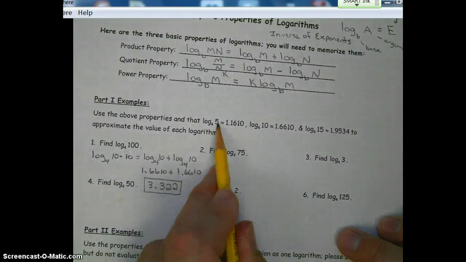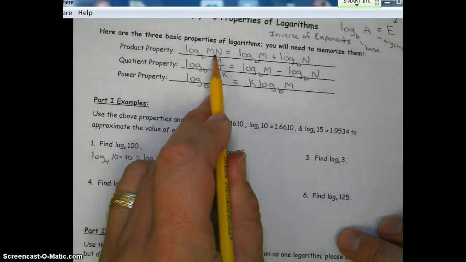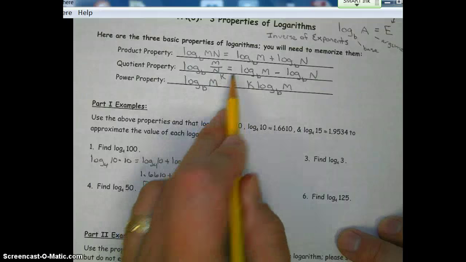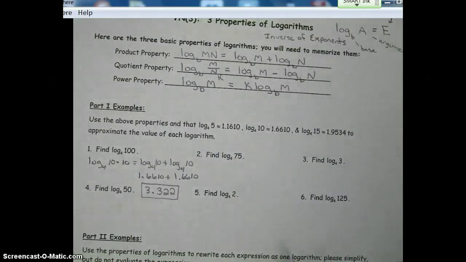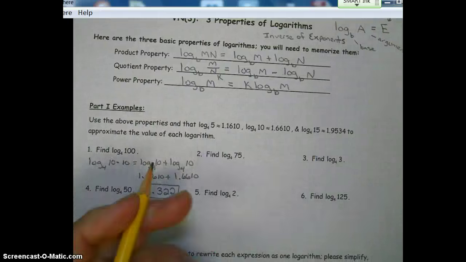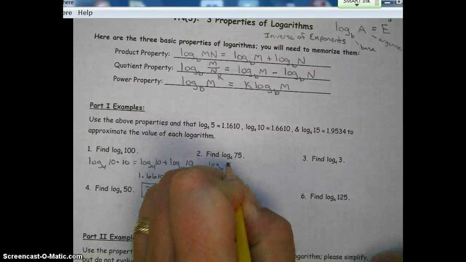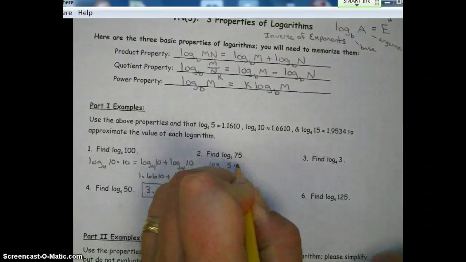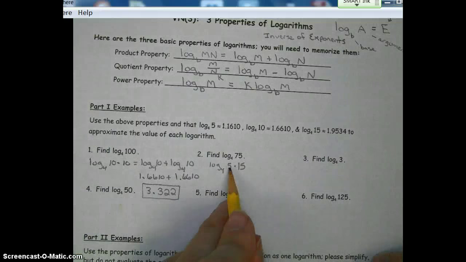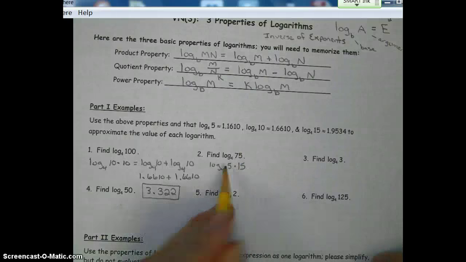Okay, let's take a look at the next one. 75. How can I get 75 out of these three numbers? Either multiplying, dividing, or raising one of them to a power. So let's see. 15 times 5. That'll work. 15 times 5 is 75, so we broke it down into its factors in this case.